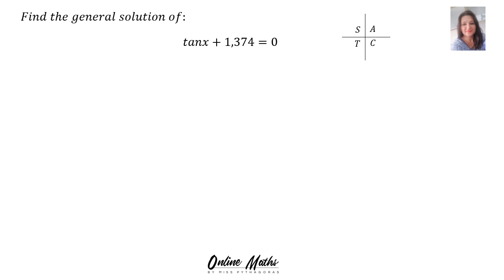Now we will find the solution to tan x plus 1,374 is equal to 0, and it walks across and we end with tan x is minus 1,374. Now we're going to find the acute angle or the reference angle with your calculator, and you will say shift tan, and then you ignore the minus and you only slot in 1,374 close bracket equals, and then your acute angle will be 53,95 degrees. Exactly the same process as finding the specific solution.